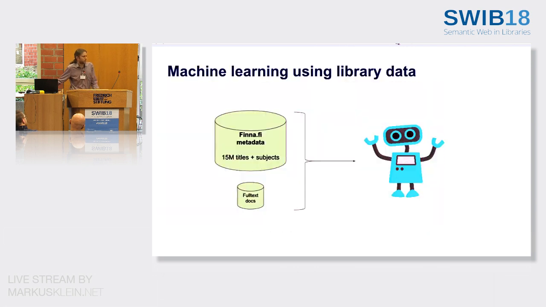The idea is to do some machine learning or just statistics or other algorithms using this existing metadata. We have a lot of metadata without the actual documents, but we also have a much smaller amount of full text documents, and the idea is to use both of these for training.